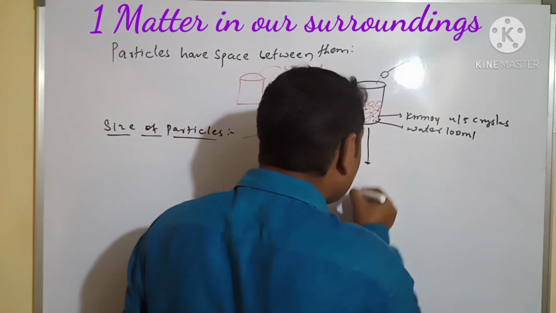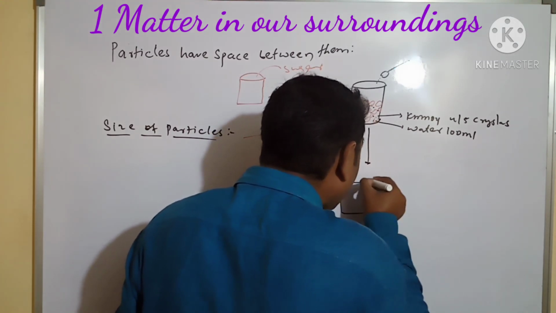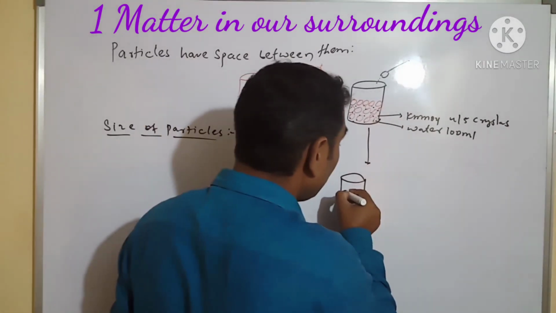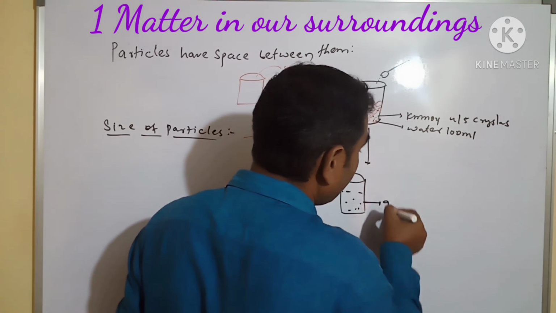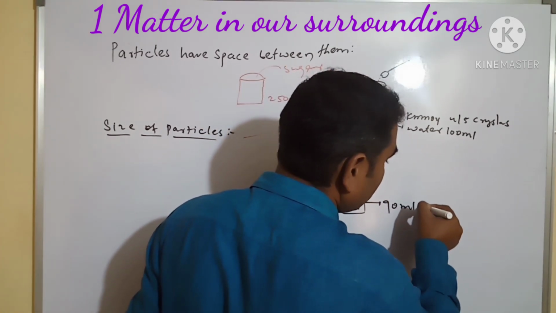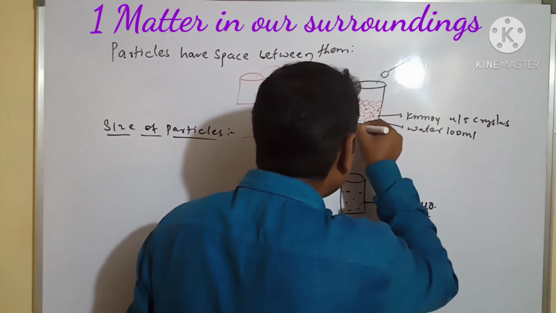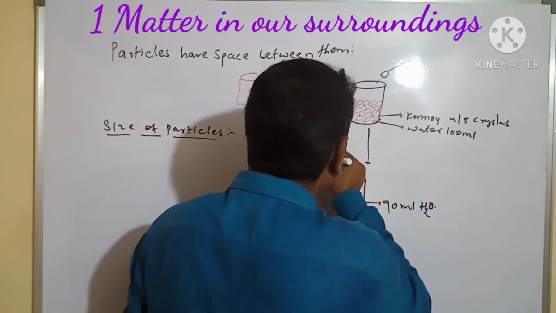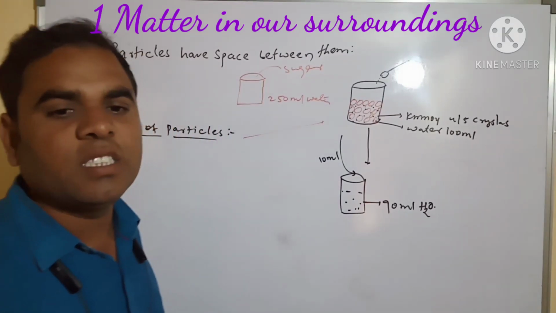Now we have to take another beaker and add, see, this is a 10 ml solution and we have to take 90 ml, see, 90 ml of pure water and add the 10 ml of this solution. See, totally 100 ml is there.